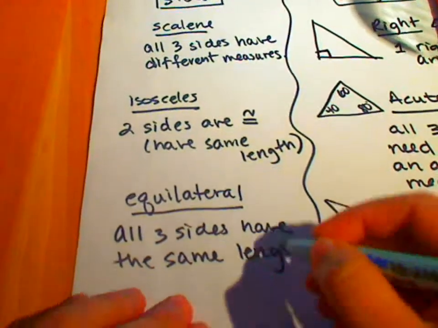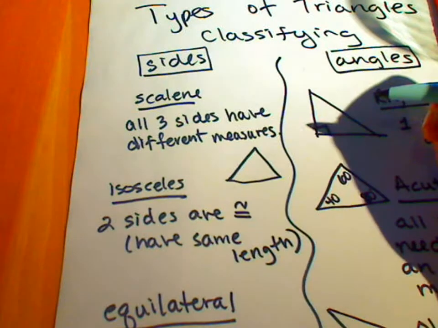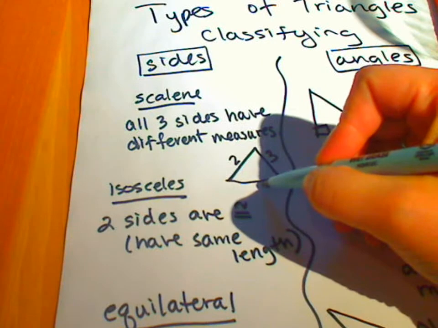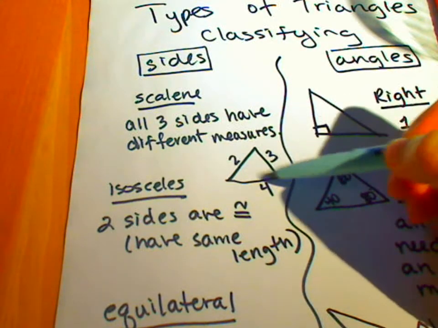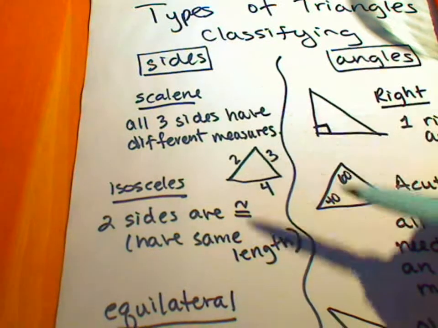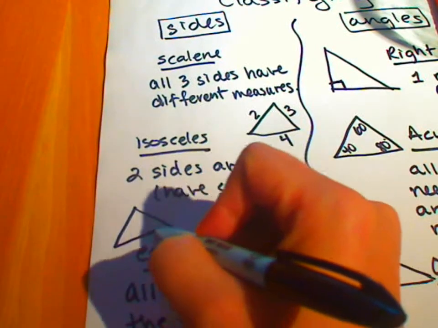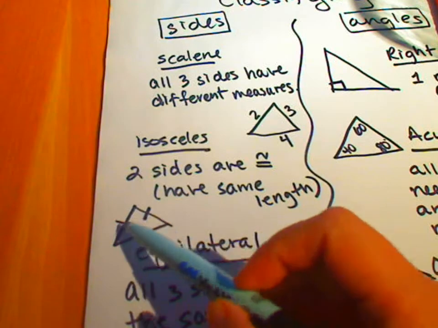Okay. So if you see a triangle and it marks the sides of 2, 3, and 4, well, these all have different measures, different lengths indicated by the numbers, so it means this triangle is scalene. Isosceles just means to have an indication that two of the sides are equal.